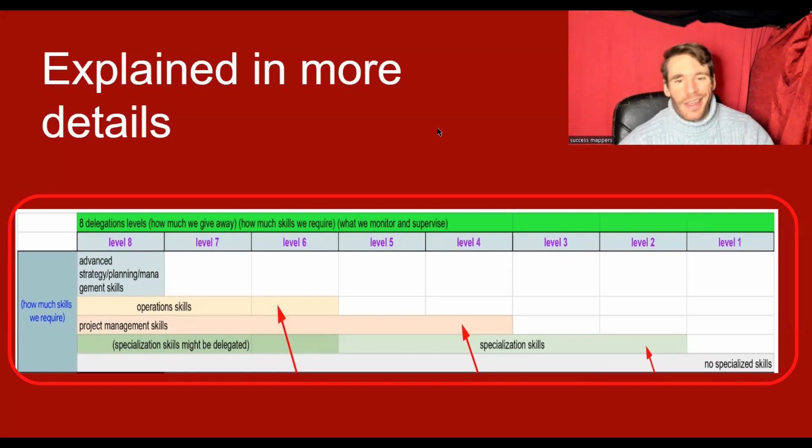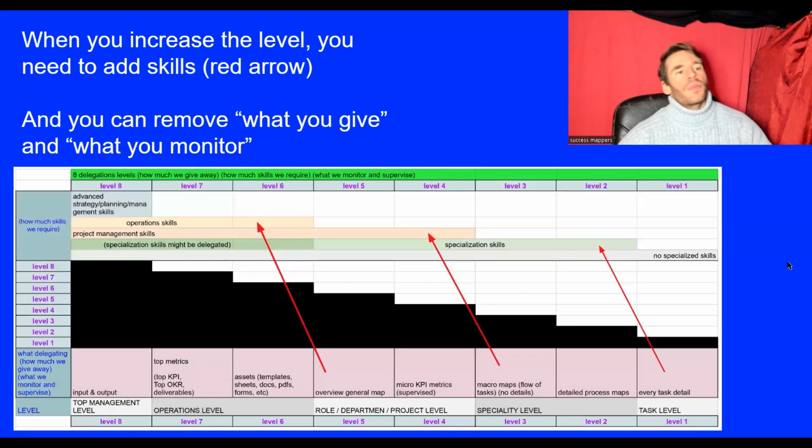Okay, I explained it in more detail. And I'm telling you, this may help you to understand what's happening when you move up levels. When you increase the level, what is happening is you are removing provided information, how much we give away as information to the delegator.